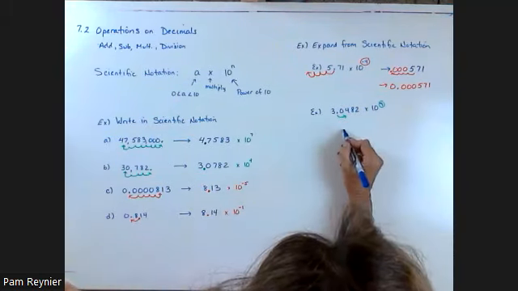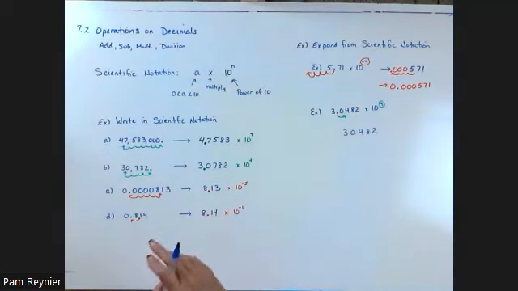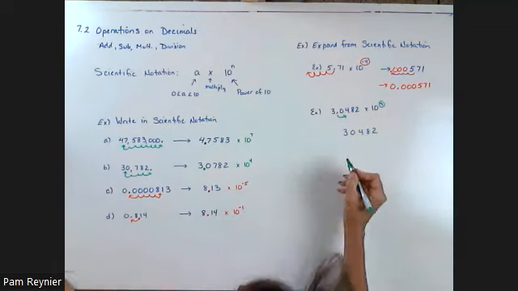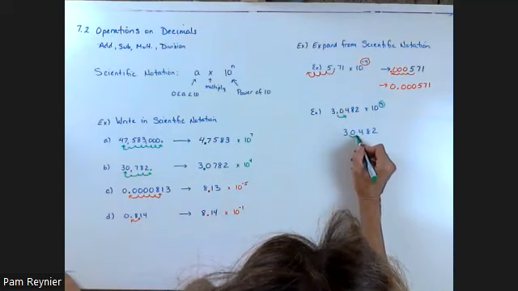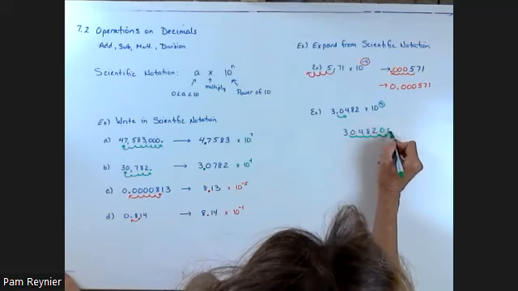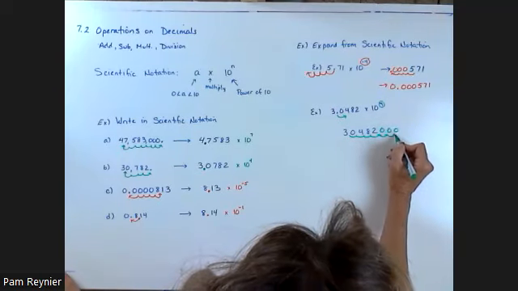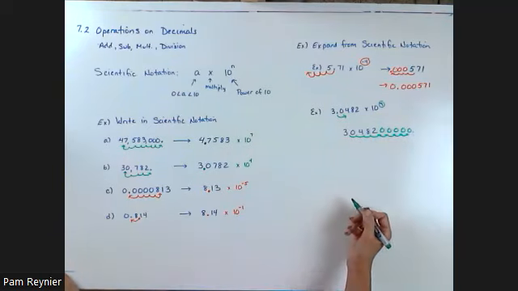So I still have the digits 30482, but I have to move 9 from where it was to where it will finish. It was here. 1, 2, 3, 4. Now I have to insert 5, 6, 7, 8, 9. I better count again.